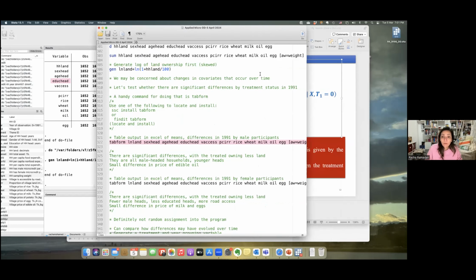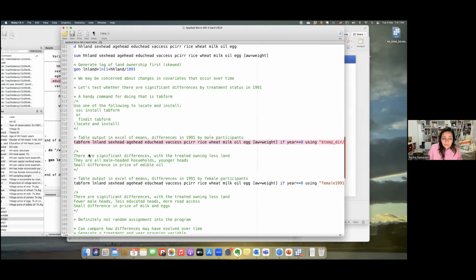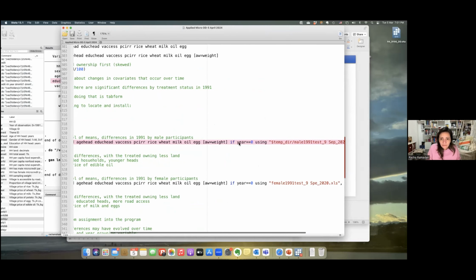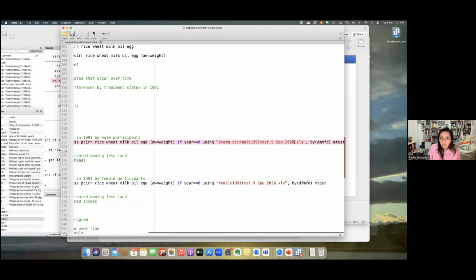Okay, so the command is tab form. All the variables I wanted to include, I am using the weight to correct and to talk at the national level. I wanted to do it at year 0. Okay, I will save the Excel file in my folder where I am doing my analysis.